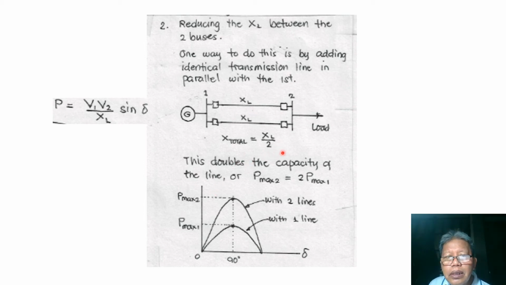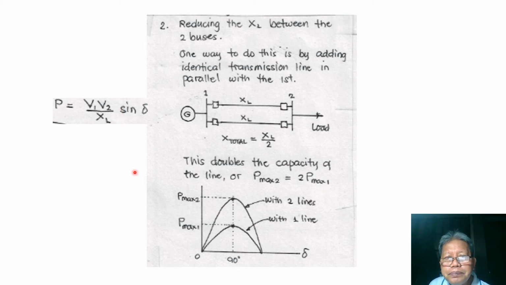Now when XL is half, the power also becomes twice that of the first one. Meaning our P max 2 will be 2 times P max 1.